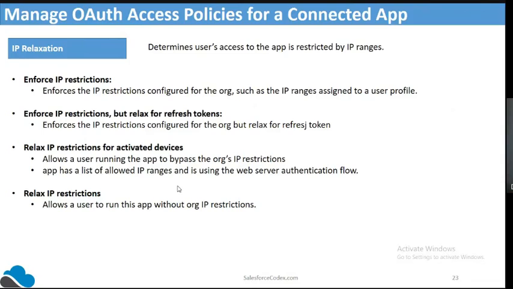Whenever the first-time authentication is done, the IP should be restricted. But after that, when the access token has expired, I use the refresh token to get a new access token. In that case, IP restriction is not required.